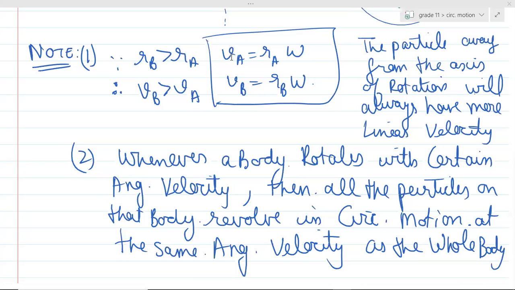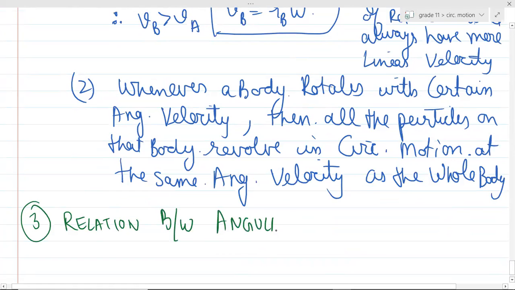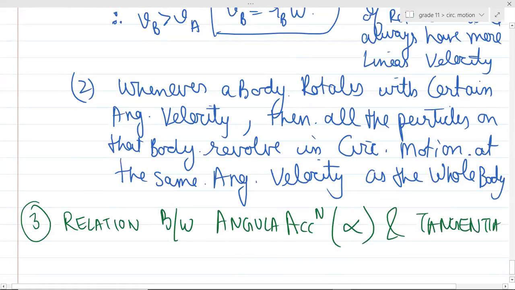So the last thing is basically the relation between angular acceleration alpha and tangential acceleration AT.